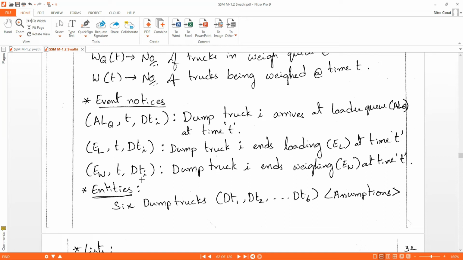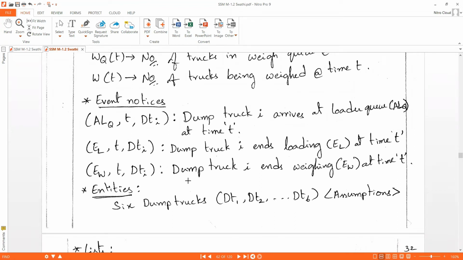Next one is EW, comma T, comma DTI, that is, dump truck I ends weighing at time T. This is the departure from the weighing, departure from the scale.